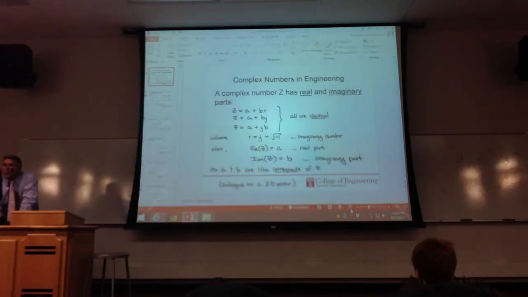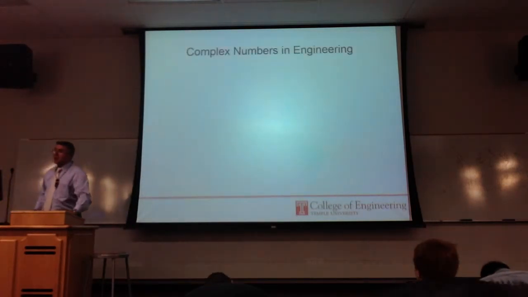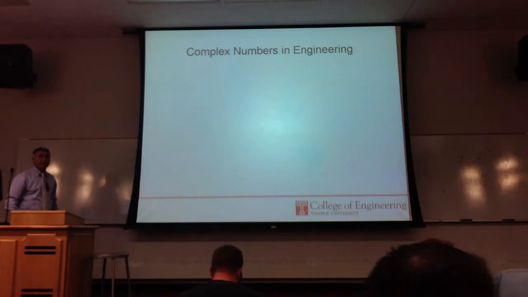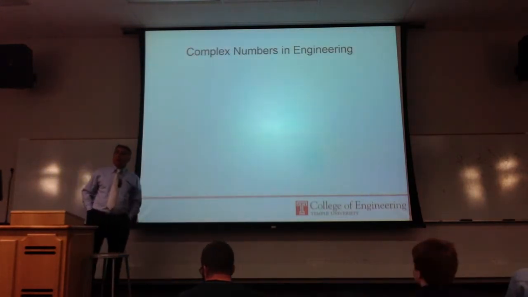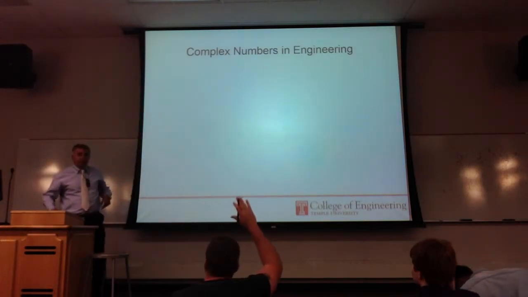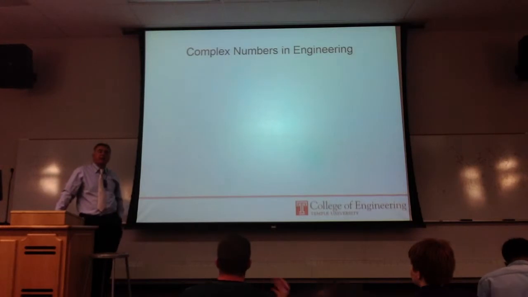All right, so today we're going to be talking about complex numbers. How many of you know what a complex number is? Go on. It's any ordinary number multiplied by an imaginary number, an imaginary number being the square root of a negative number. Right.